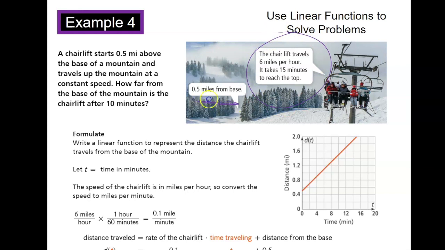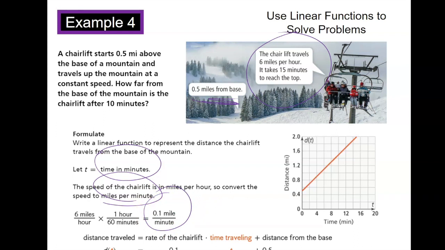It's starting here. So t is the time in minutes. The speed of the chairlift is in miles per hour, so we need to convert that to miles per minute because t is time in minutes, and we need those two unit rates to be the same. So that means that it's going 1/10 of a mile per minute.